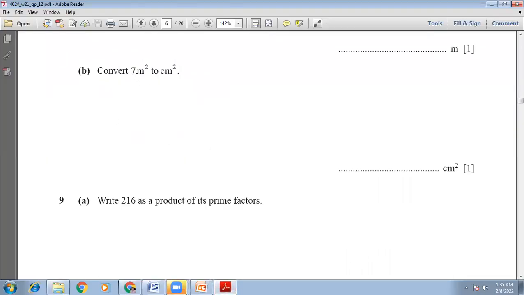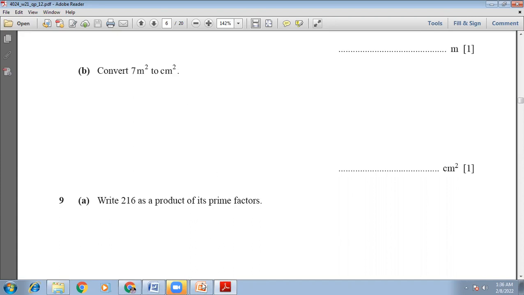It says convert 7 meters square to centimeters square. In 1 meter, there are 100 centimeters. In 1 meter square, there will be 100 centimeter squares, 100 times 100 means 10,000. So if you want to convert 7 meters square into centimeters square, you will multiply it with 10,000.